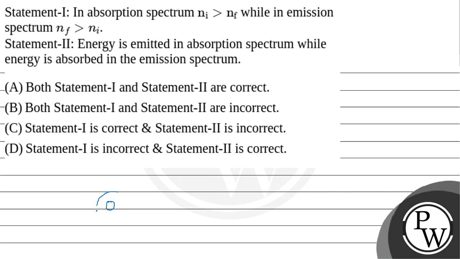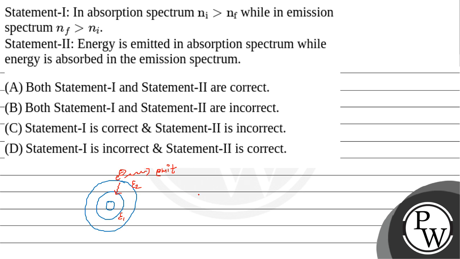Now talk about emission. So this is the nucleus and let's say these are the shells. This is the E2 energy shell and this one is the E1 energy shell. In this case, the electron will emit energy and shift to the lower energy level.